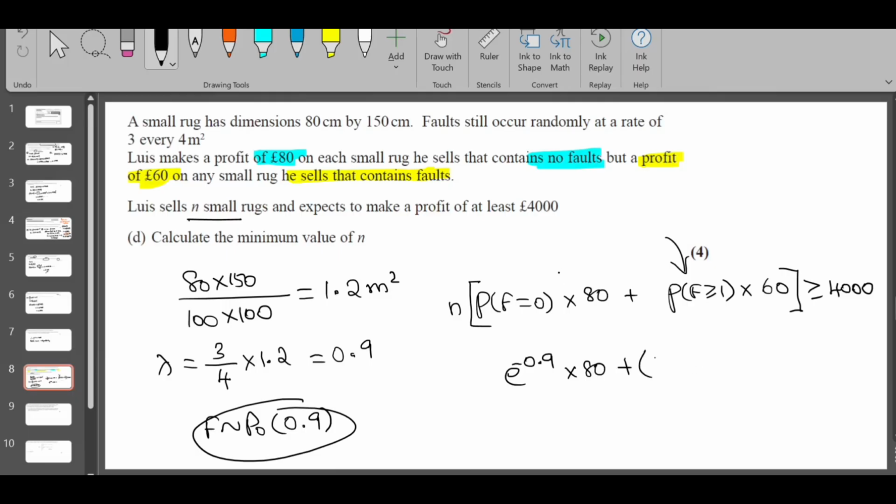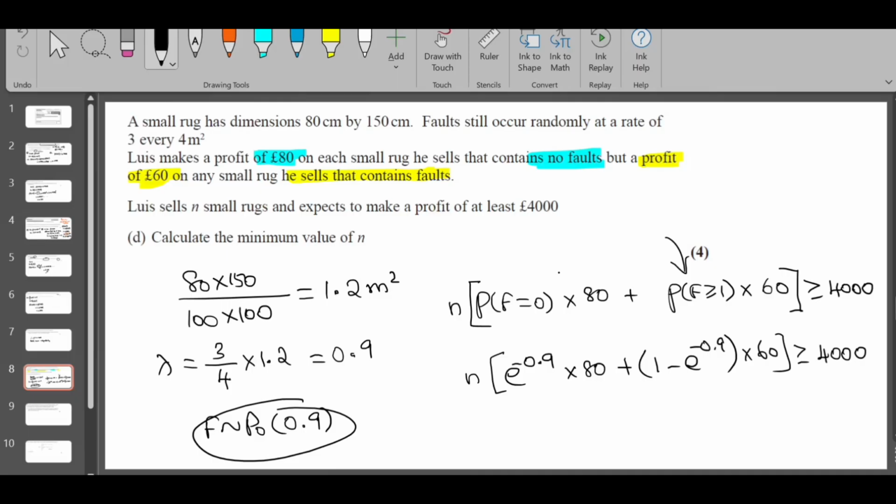So you can simply write 1 minus e power minus 0.9, because that's the probability for F is 0, right? Times 60, n is greater than or equal to 4000. Find the minimum value of n.